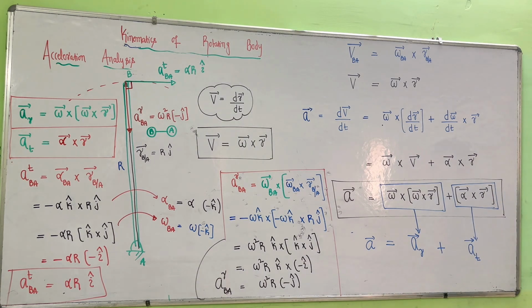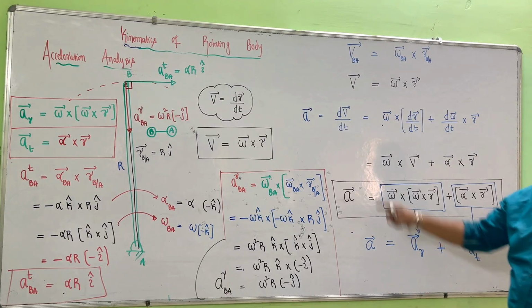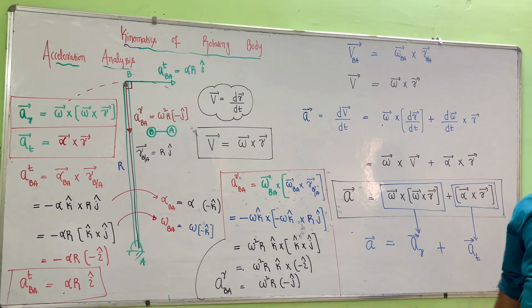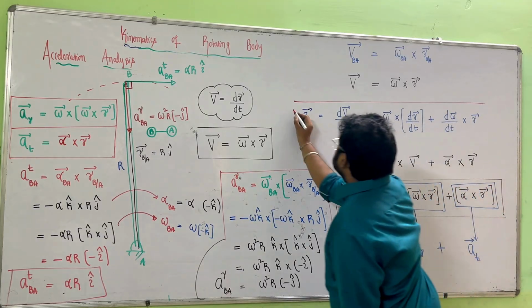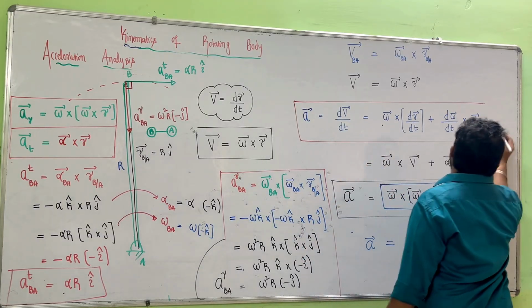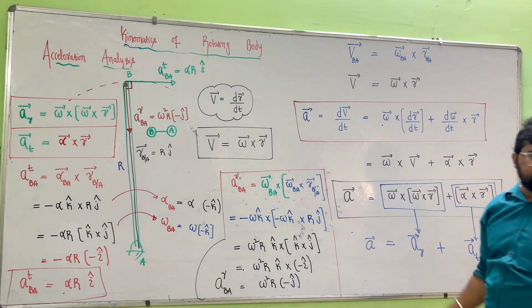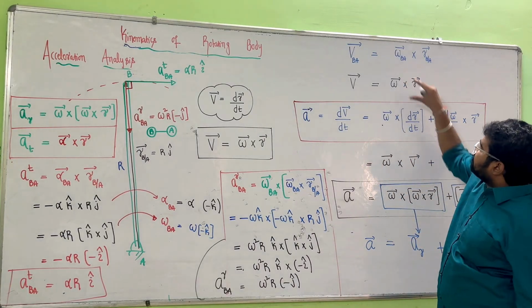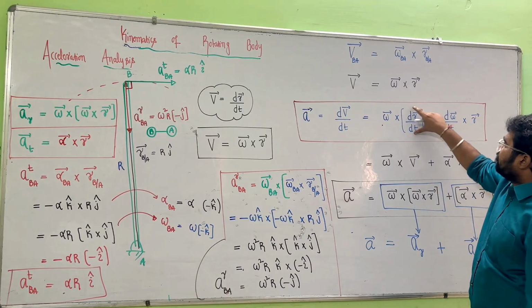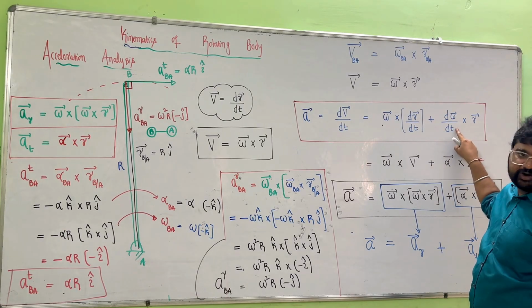First you have written v bar equal to omega bar cross r bar. Differentiate with respect to time. This is the way to differentiate. This equation is very important. Here don't change the parameters. Straight away as it is you can write. First differentiate this, after that keep omega here only.